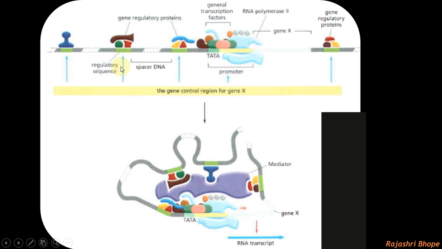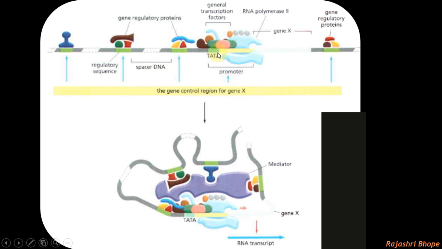So this one, see this green colored, this one and this one. These are regulatory sequences, and this is the actual gene which has to be expressed, gene X. Now see, these are trans-acting elements since they are located far away from this gene. These are cis-acting.